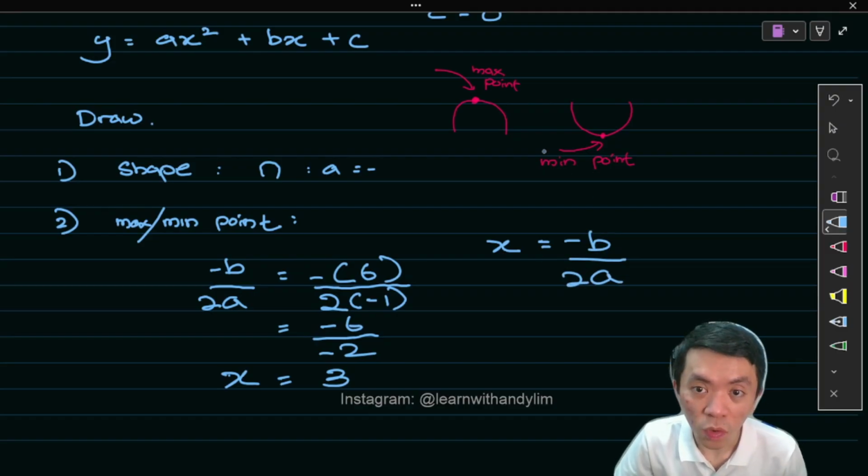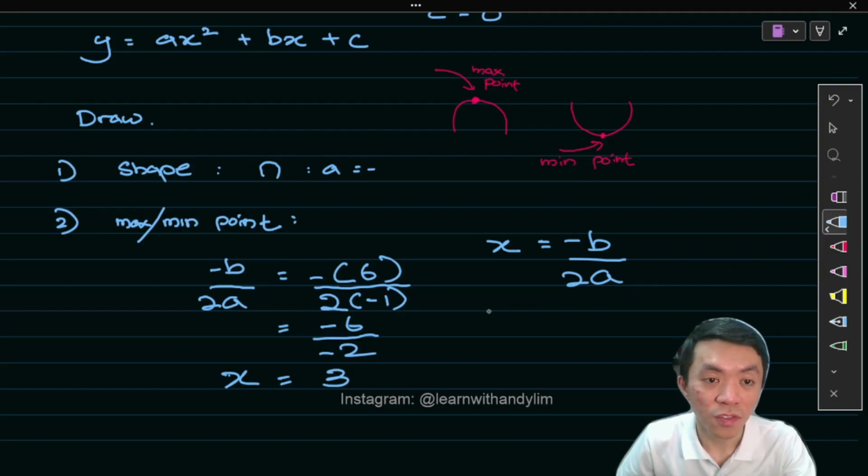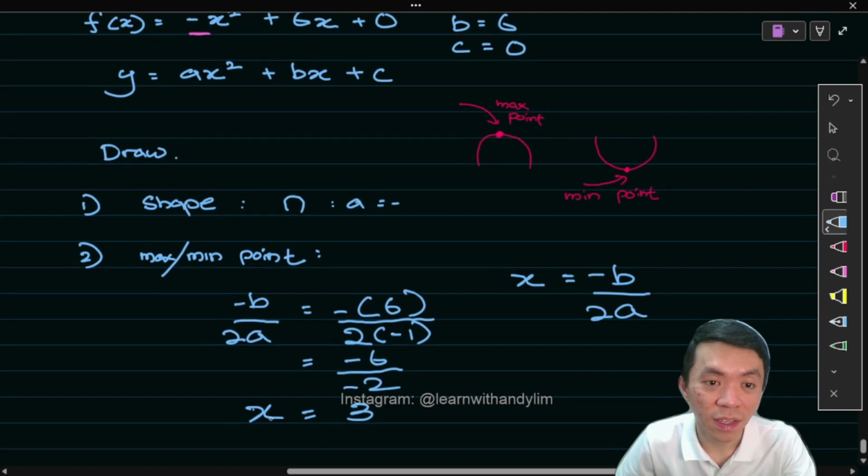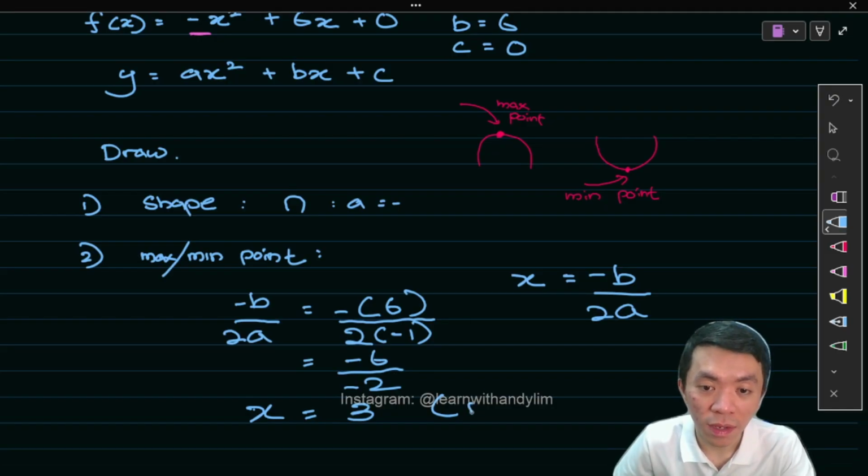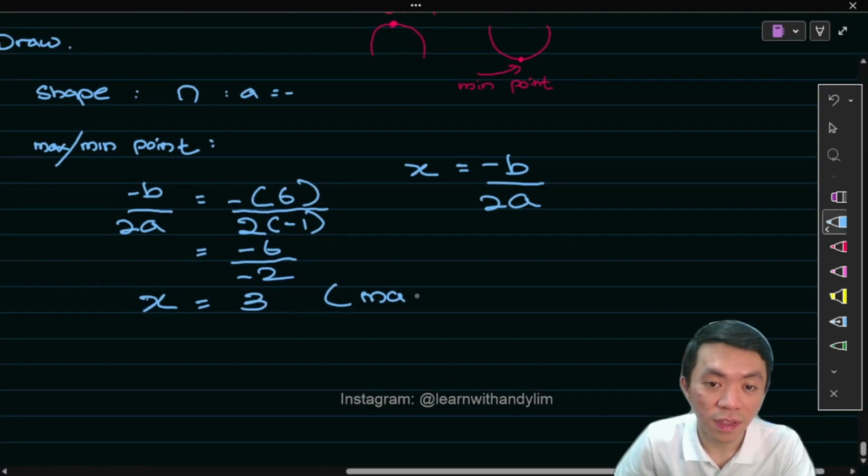In this way, you can find the x-coordinate of the minimum point or maximum point. So in this case, I have my x for the maximum point since I am concave down. Let me just write this thing down. Maximum point.